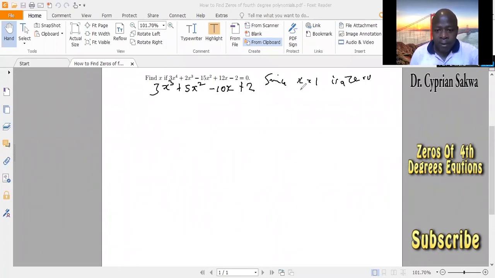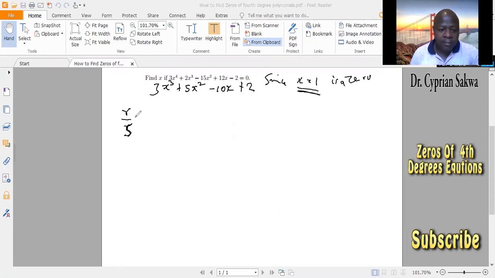Now, so we already have one solution. We want to see if we can get another solution. Again, we use the same knowledge. We want to find out whether this one can be reduced. So that means if it can be reduced, then one of its factors must be r over s.